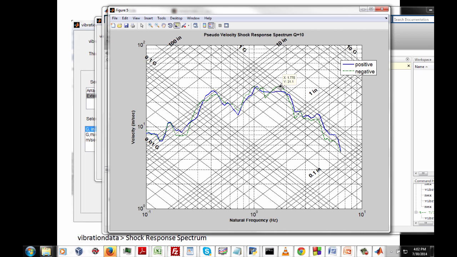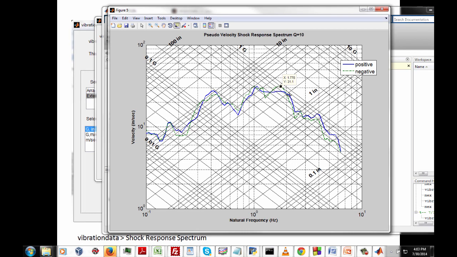Well, wait, there's more. If we tilt our head 90 degrees the other way and look at the upward diagonal lines, these are our relative deflection diagonal lines. So this one here, upward sloping, is 1 inch. Then this one here, upward sloping, is 10 inch.